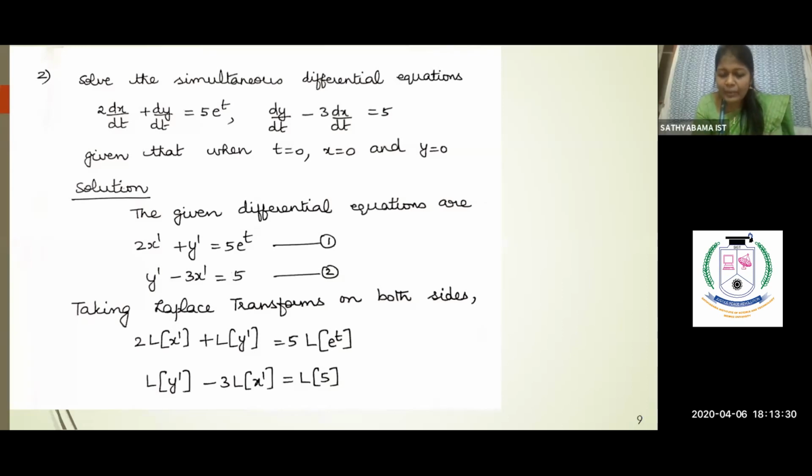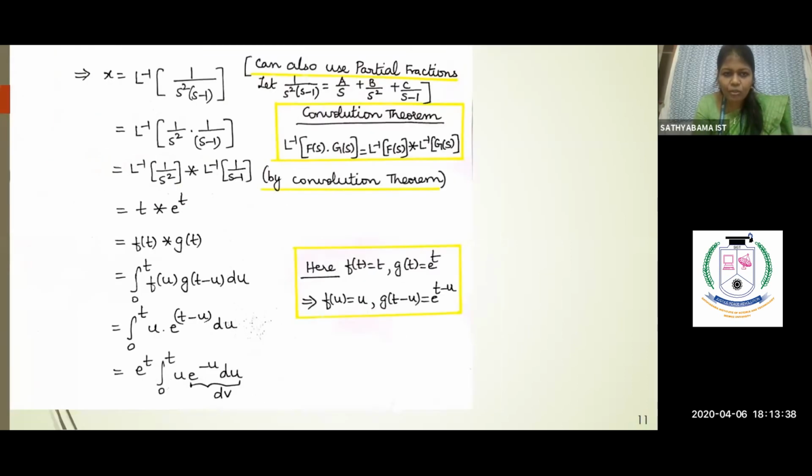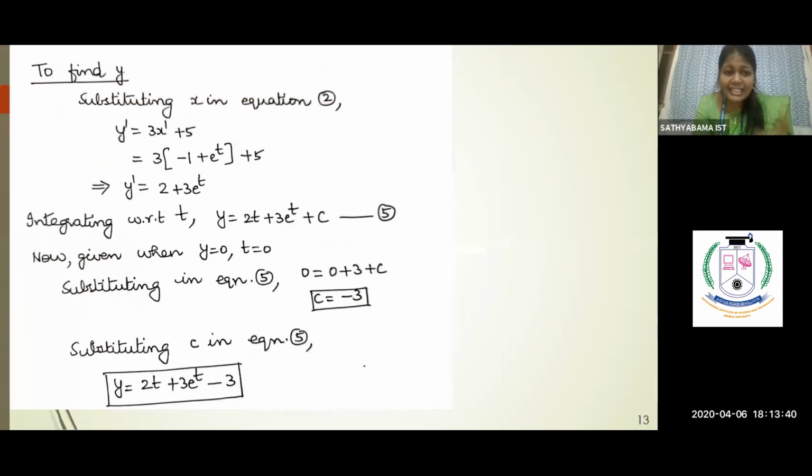Okay. From equation 2, can you tell me what is y dash? Y dash is 3x dash plus 5. I'm substituting x in equation 2. Now, what is this equal to? 3 into, what is x dash? X dash is dx by dt.